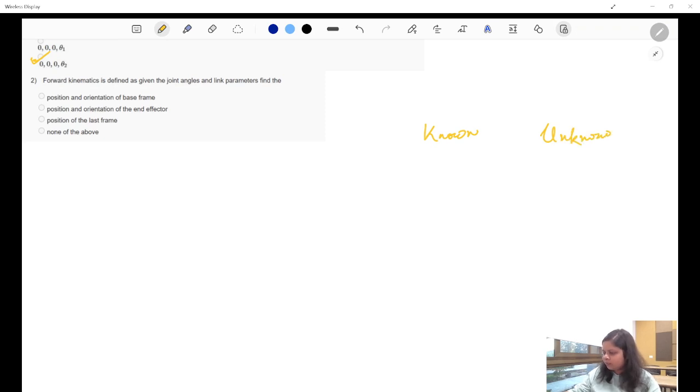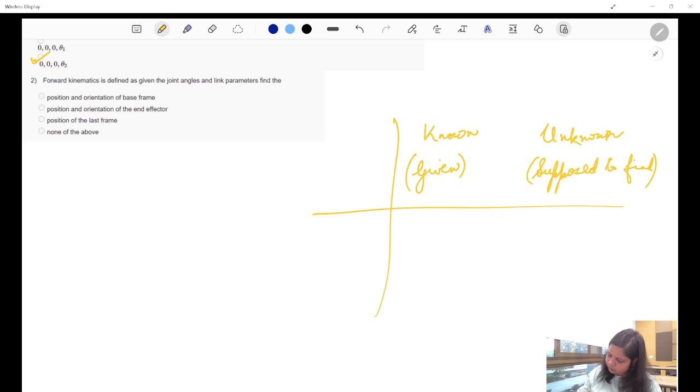What I mean is what is already given and what we are supposed to find. And I want this for forward kinematics and inverse kinematics.